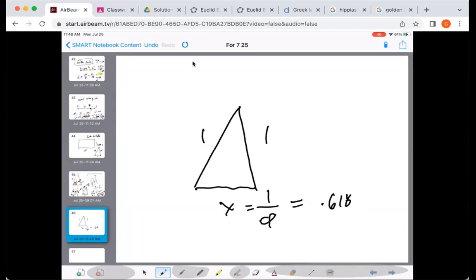I'm tempted to do this again. X over 1 from the big triangle is equal to 1 minus x over x in the small triangle.